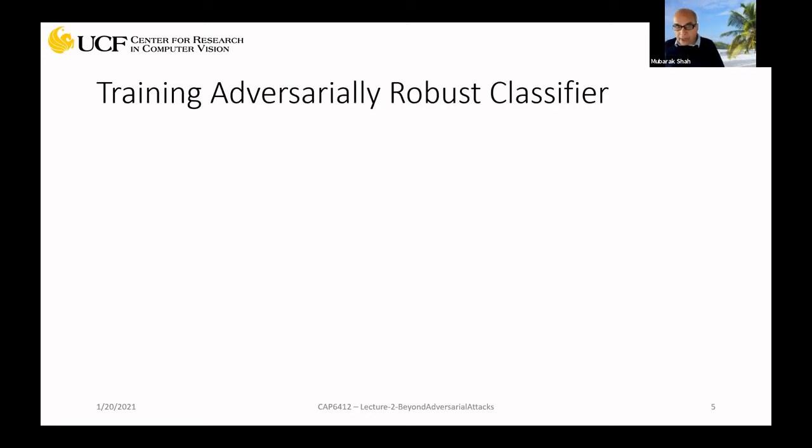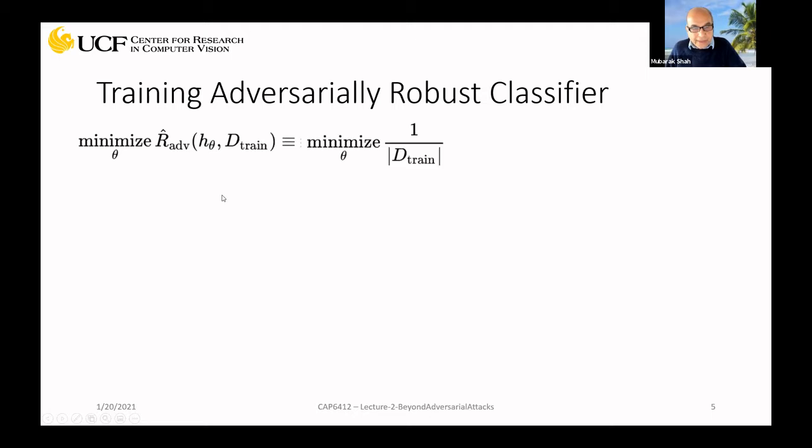Now we are going to talk about the adversarially robust classifier, and hopefully those classifiers will be better than the standard classifier. In that one also we want to find the theta, and we will have the training data set with a number of training examples.